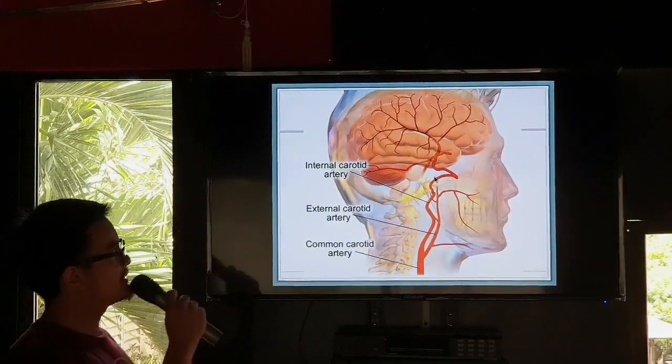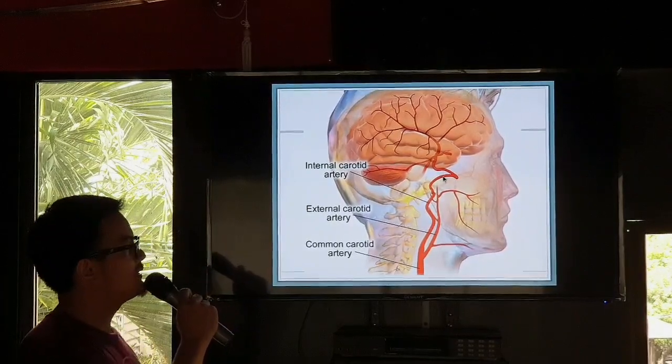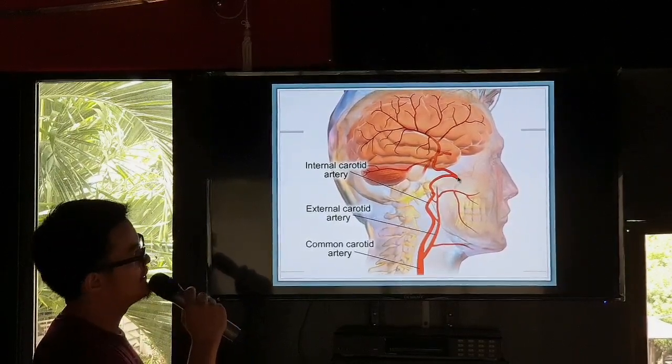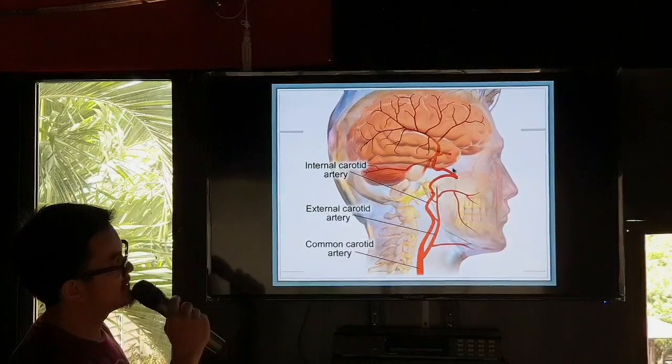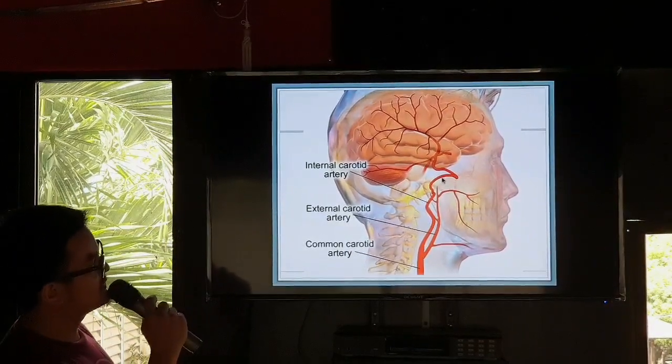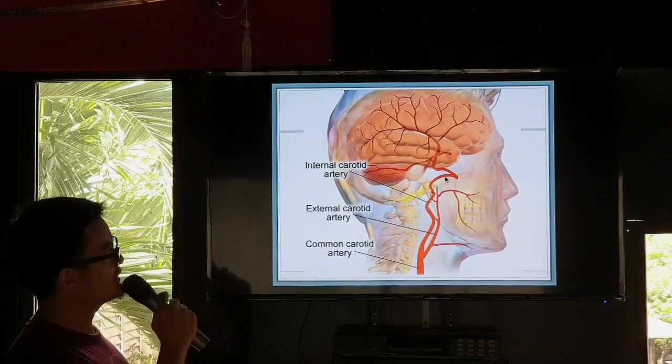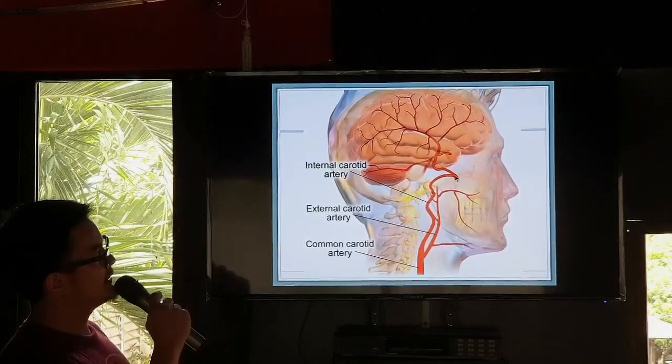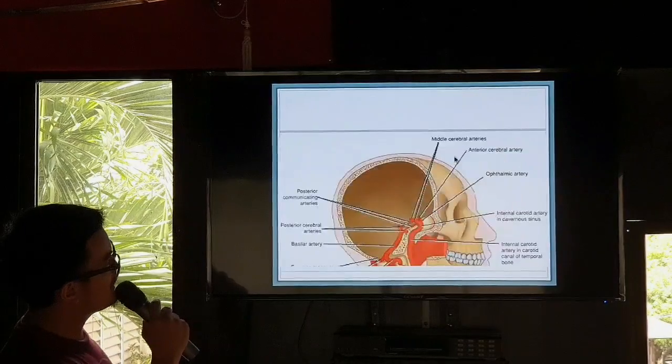Once it reaches the base of the skull, it enters the carotid canal, goes forward, and emerges around the sinus. At this point, it gives off the ophthalmic artery.